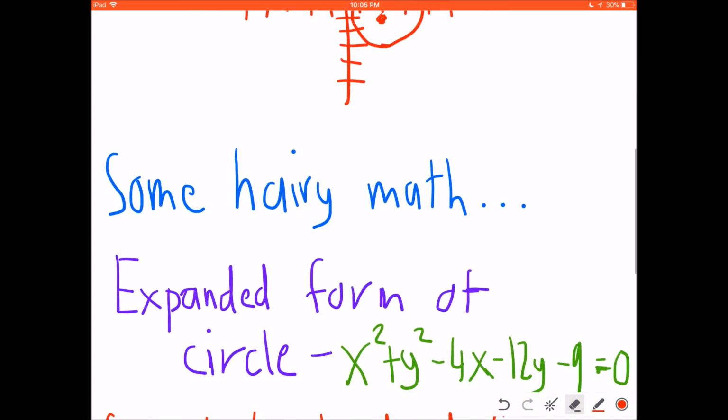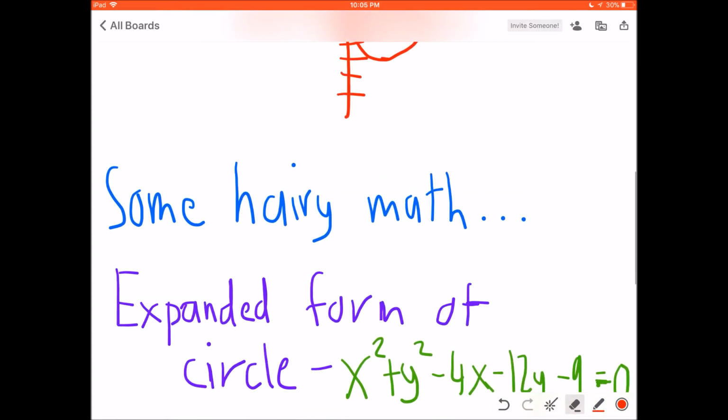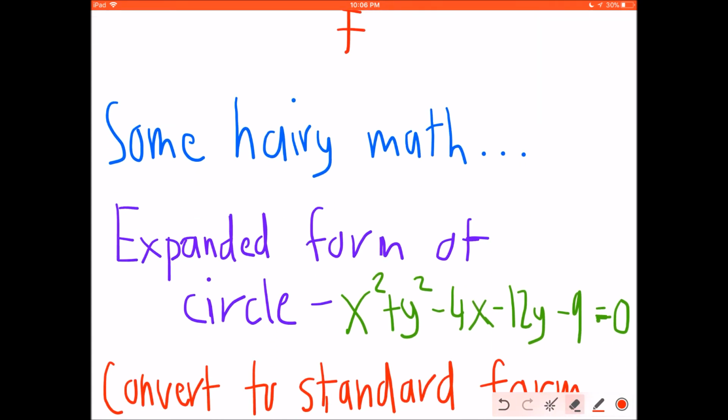And there's more to this. There's some hairy math involved, because sometimes you just have the standard form and are not asked to draw the circle, but sometimes they may give you a really weird equation like this: x squared plus y squared minus 4x minus 12y minus 9 equals 0. And they're like, make this into standard form and maybe tell me the center or the radius.